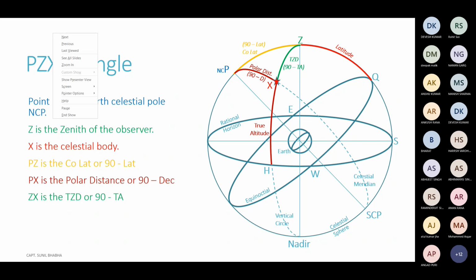I am going to give you a break for now. We have understood the three systems: horizon system, equinoctial system, and we have understood the PZX triangle also. So just get this thing clear in the mind and let it go into your brain. And then in the next session, we will convert it into the plane of the rational horizon.